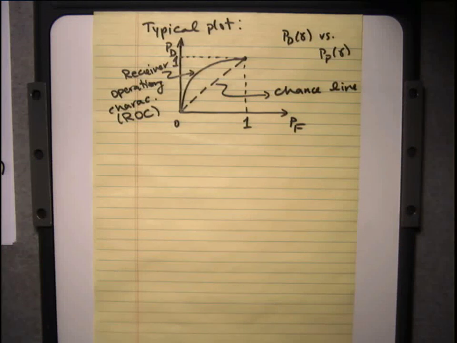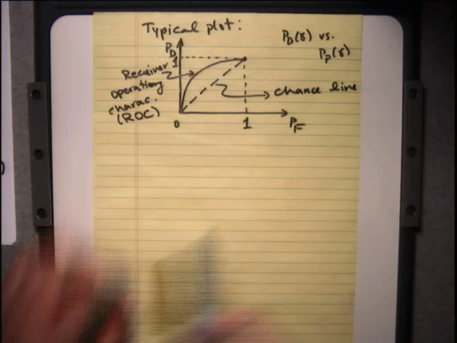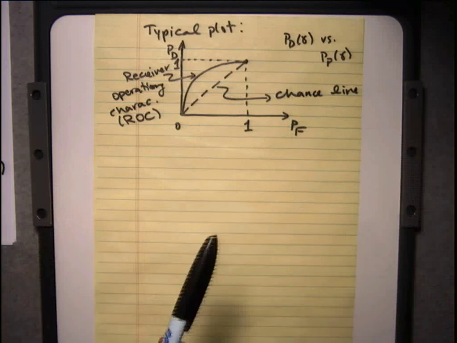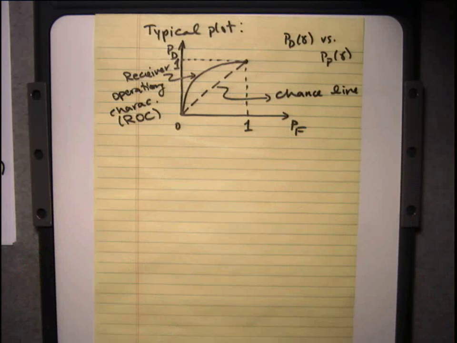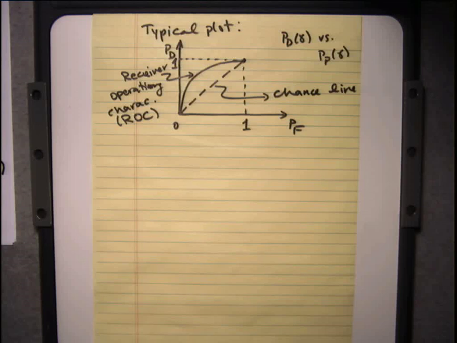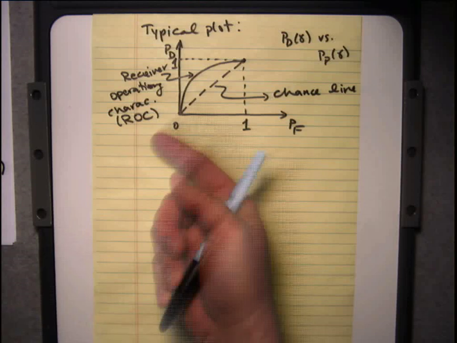Because along this curve, the probability of a false alarm and the probability of detection are exactly the same. What does that mean? It means that you're basically ignoring any data that you have, and you're essentially flipping a coin to make a decision. So you get this curve called the chance line.